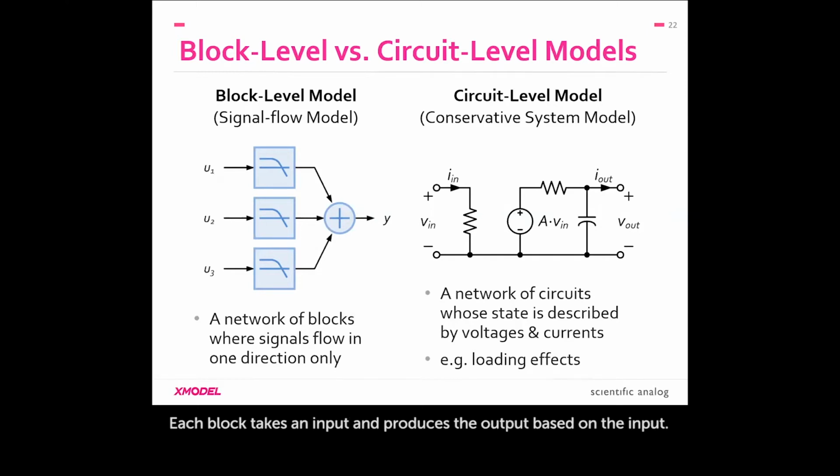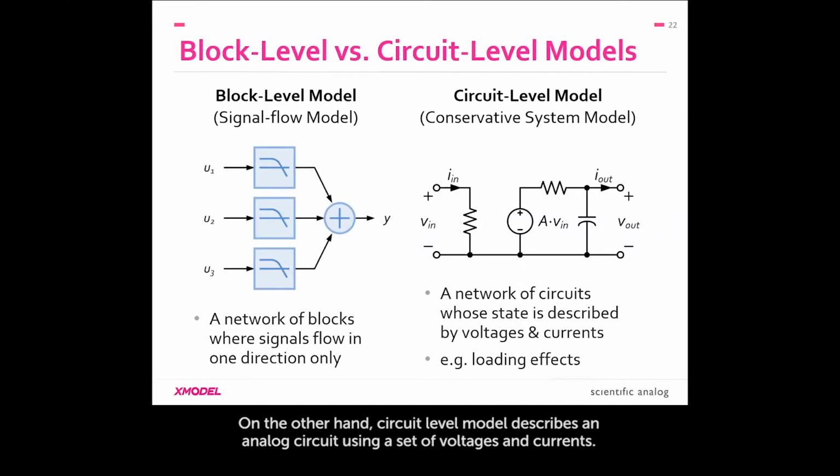Each block takes an input and produces the output based on the input. On the other hand, circuit level model describes an analog circuit using a set of voltage and currents, and these voltage and currents are determined simultaneously by the governing circuit equations.